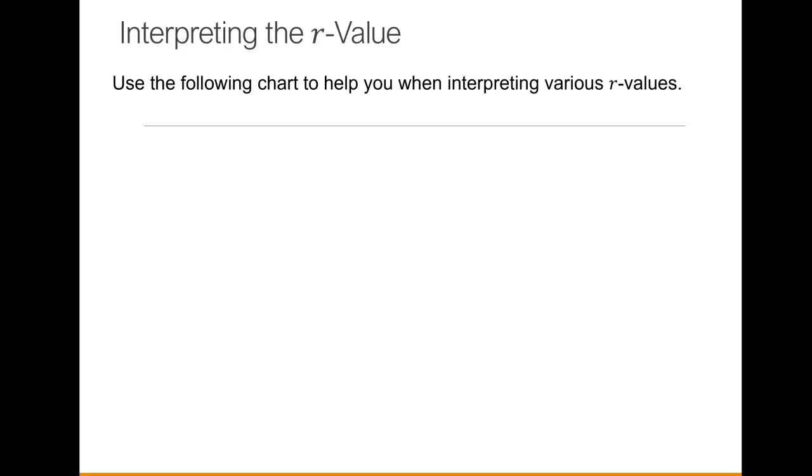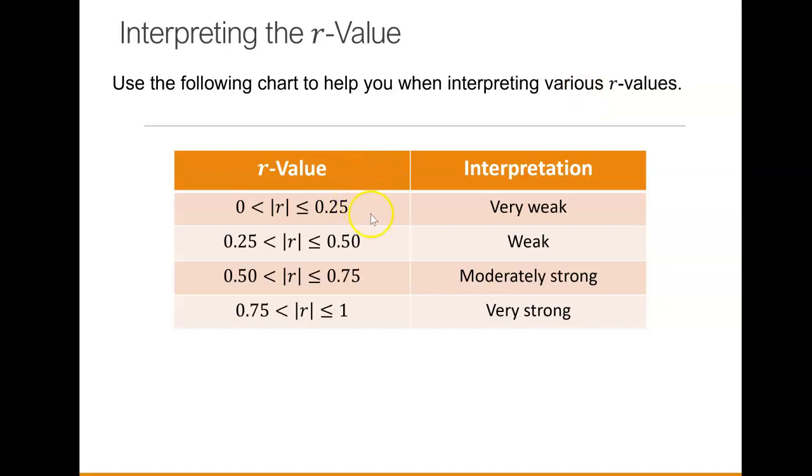So to interpret what some of these R values mean. If we have an R value between 0 and 0.25, and we're looking at absolute values of R, right? So between -0.25 and 0, the same thing holds. But those are very weak. Between 1/4 and 1/2, weak. Between 1/2 and 3/4, moderately strong. Between 3/4 and 1, we're going to call very strong.